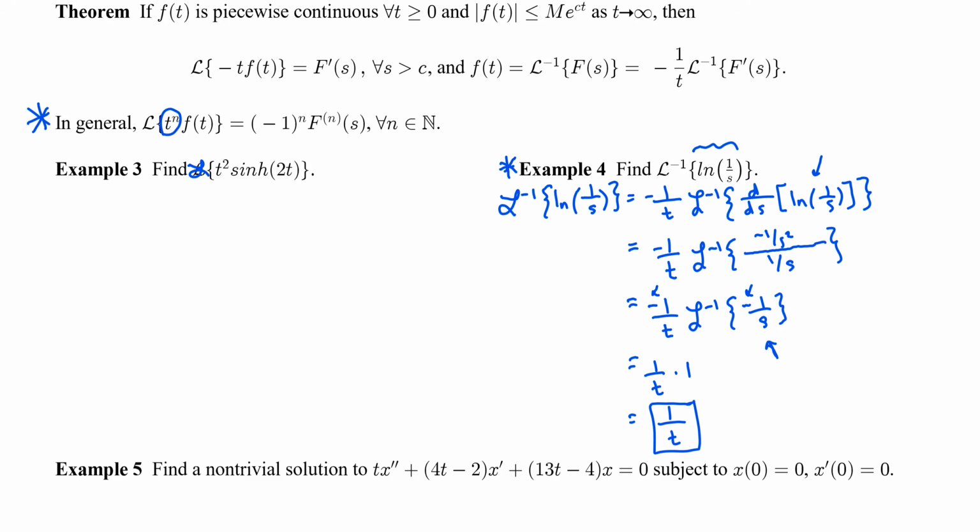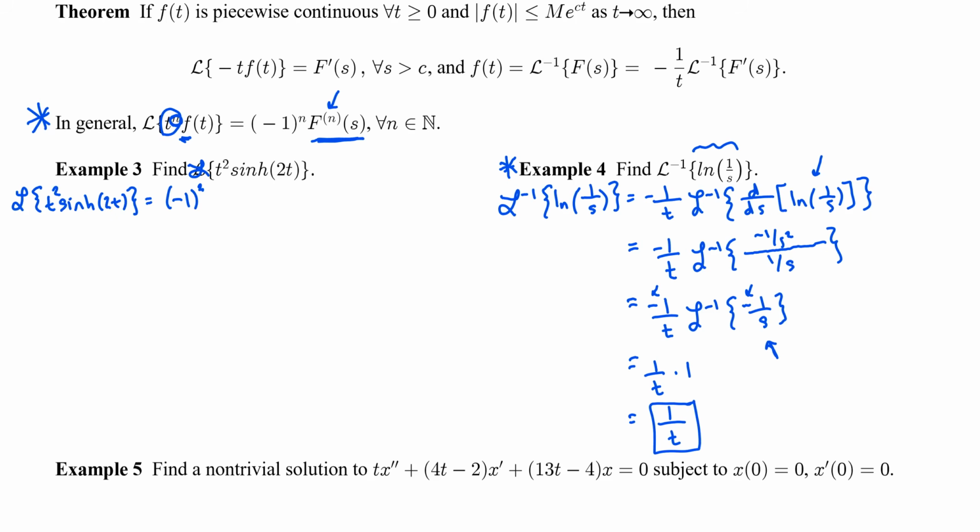So what we're going to do, looking at how do I use this formula, first I'm going to transform little f of t into big F of s, but then I'm going to need to find a derivative. So the Laplace transform of t squared times hyperbolic sine of 2t, following our formula, is going to be -1 to the second power.